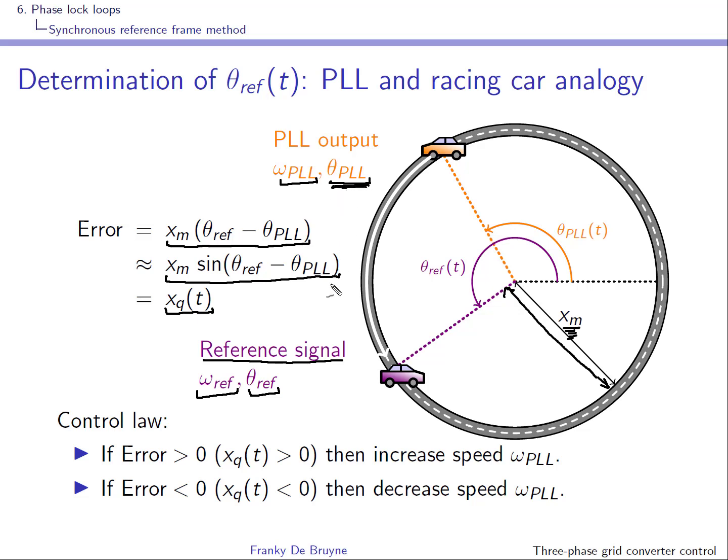So the idea was to work with the error, and if it's positive, to increase the speed of the racing car, in this case of the PLL, to increase omega PLL. But instead of working with this error signal, we'll work with xq, the q component of the Park transform of the reference signal. And if the error is negative, or in our case if the q component is negative, we'll have to decrease the speed of our PLL.